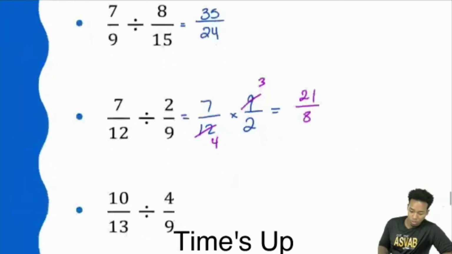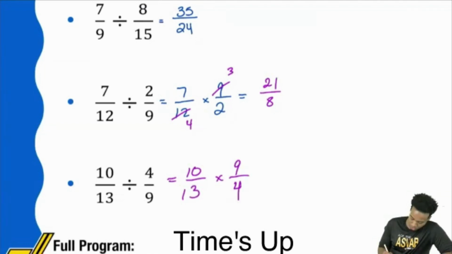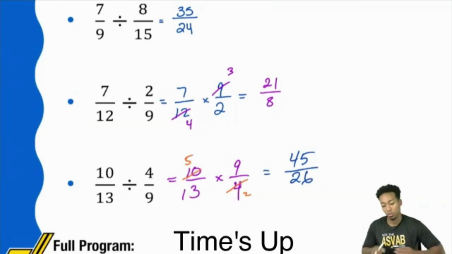And there's your second one, and your third one is going to be 10/13 multiplied by 9/4. Looking at this, you say, okay, turn that into 5, turn that into 2. And that's really all you can do. So from there, we have 5 times 9, 45, and 13 times 2, 26. And you are good. 45/26.